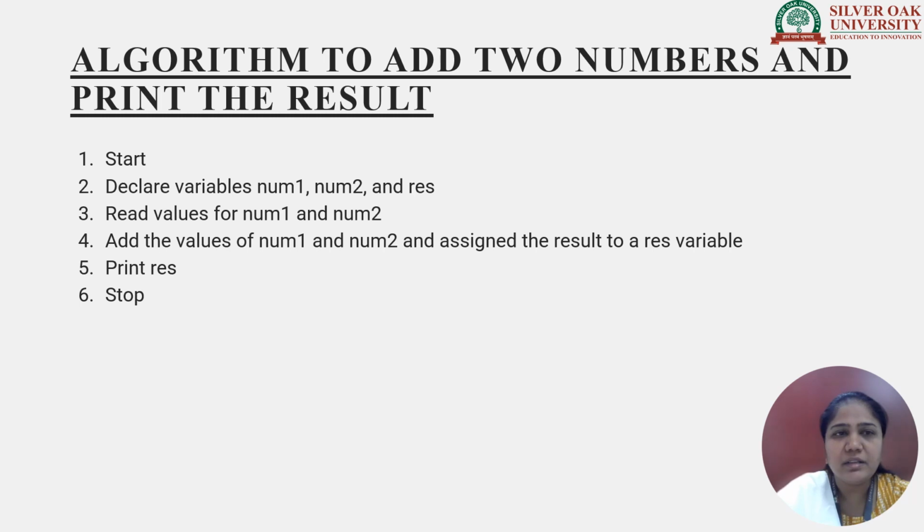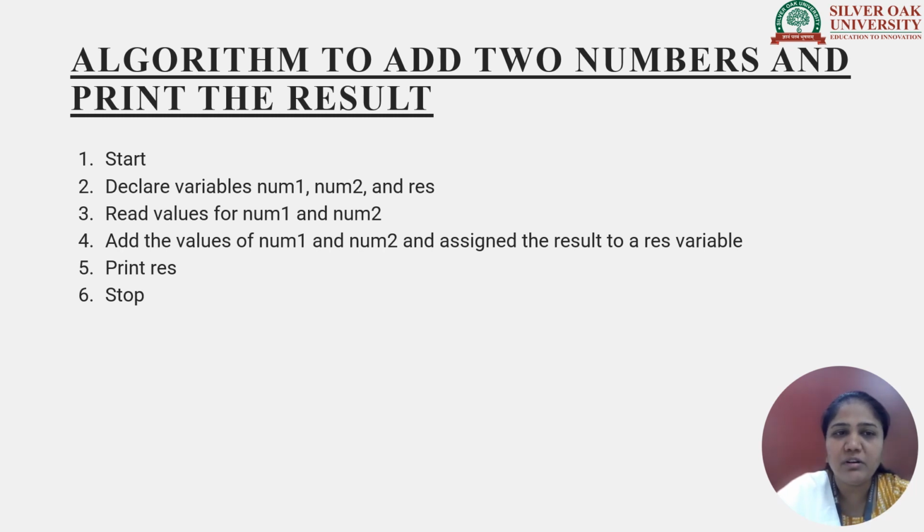For example, this is the algorithm to add two numbers and print the result. In human understandable language, we have written common English statements. The very first step is start. Then I need three variables: number 1, number 2 and result. Then, in the third step, we read the values for number 1 and number 2, the two numbers on which we want to perform the addition.